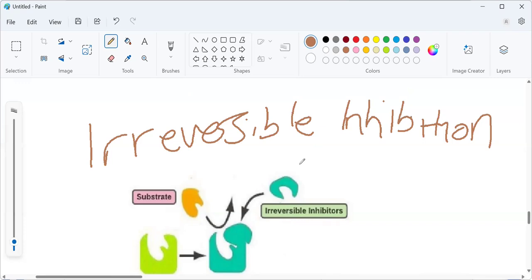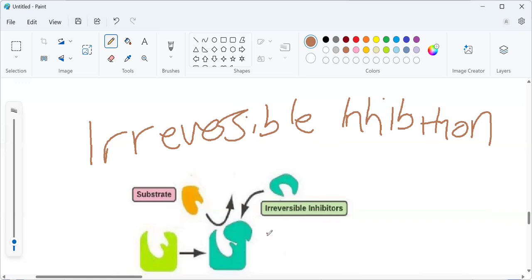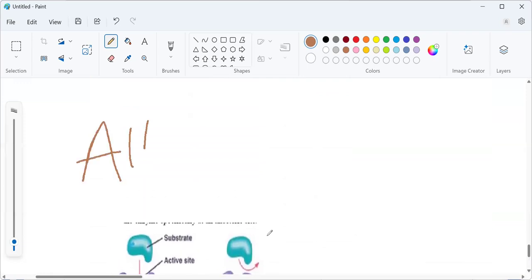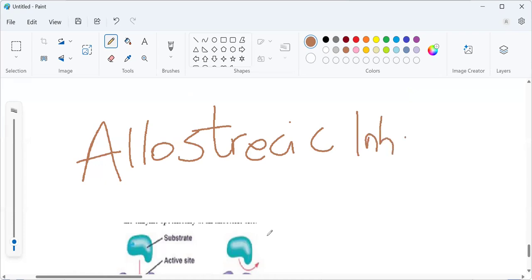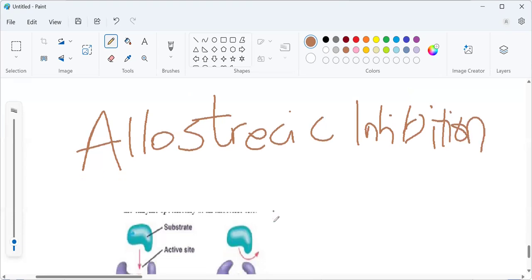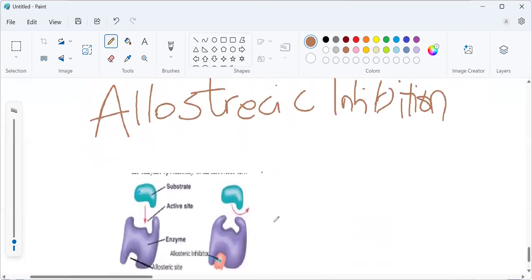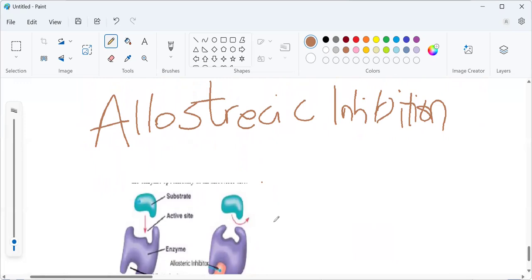Then finally for allosteric inhibition, this is when an inhibitor would bind to the enzyme, and the active sites of the protein complex of the enzyme will undergo conformational changes.